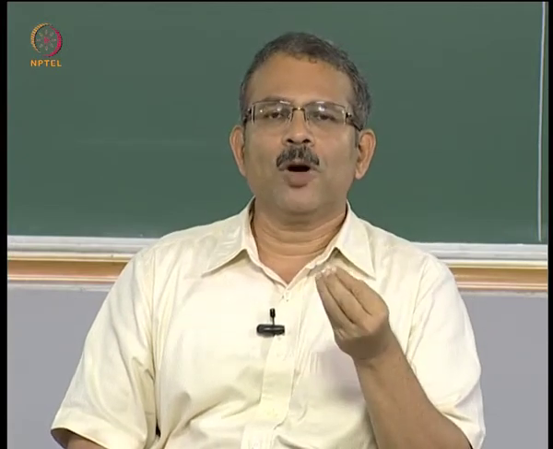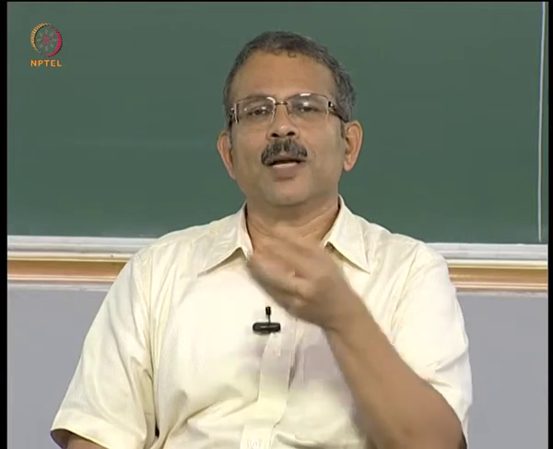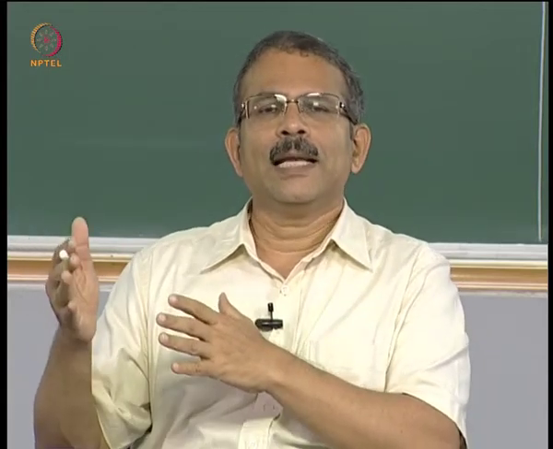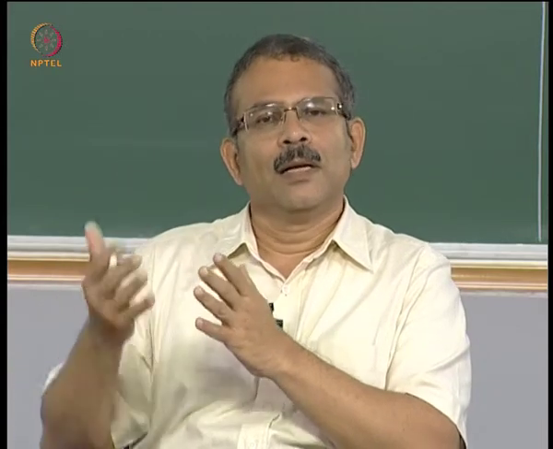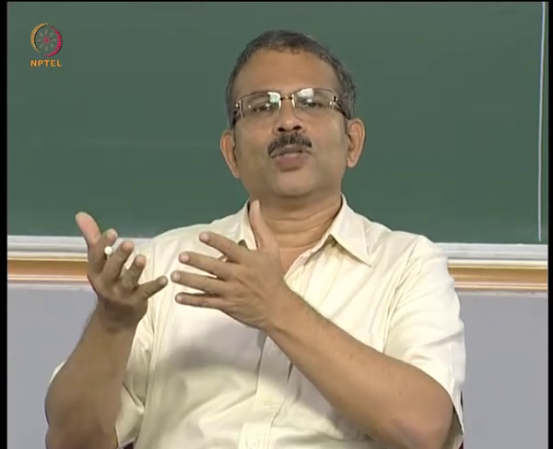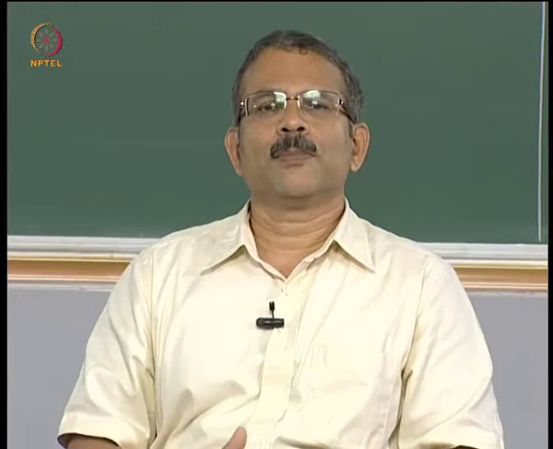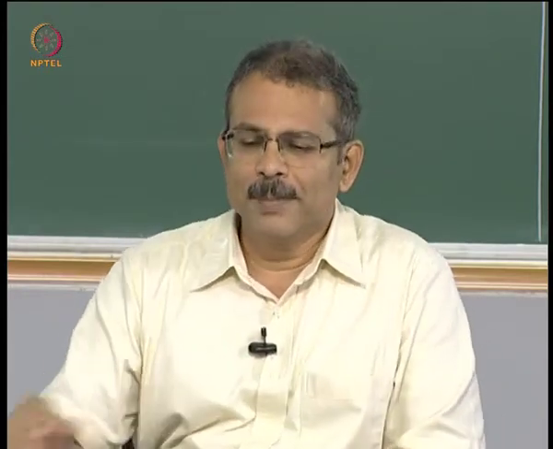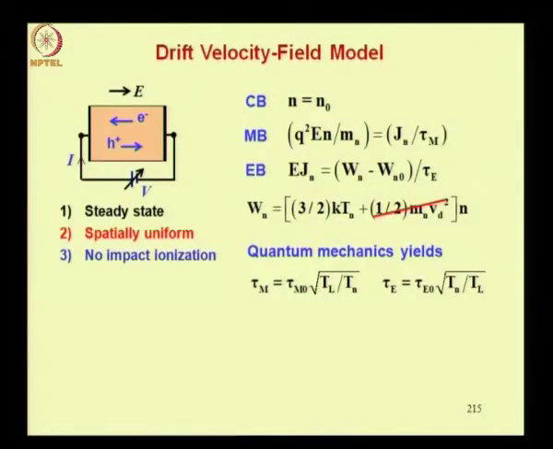So near equilibrium the directed component is very small compared to the random component, and for very high electric fields when the velocity saturates, the random component goes on increasing. So even there this approximation holds good. Somewhere in between the approximation may not be valid to that extent. However, we shall continue to use this approximation over the entire range to get a simple equation.